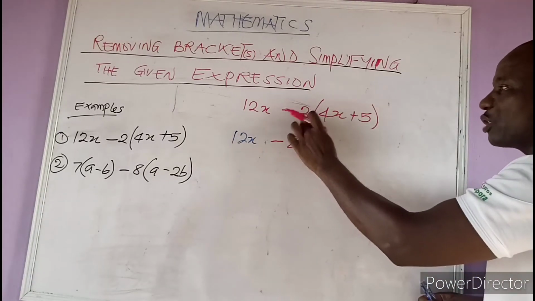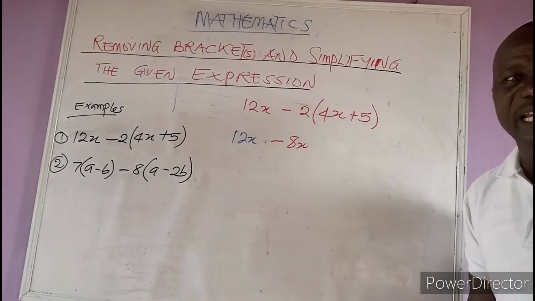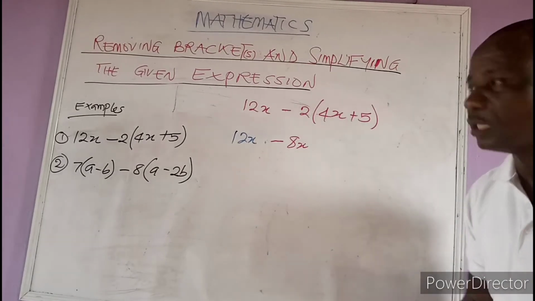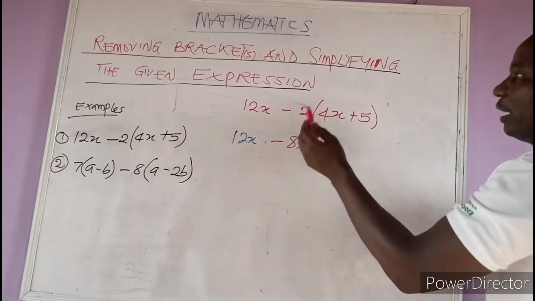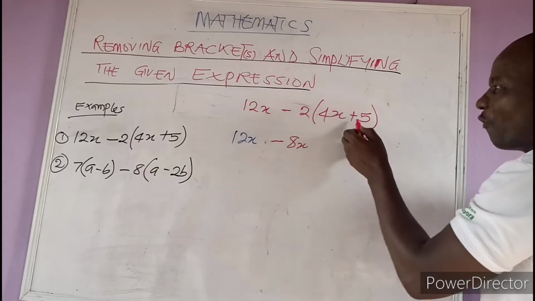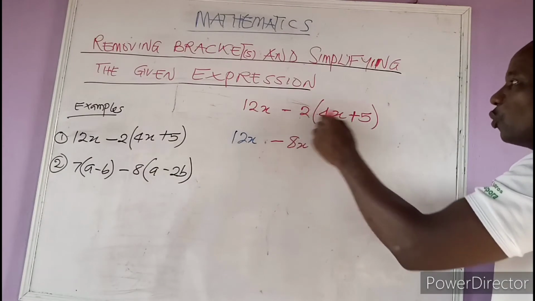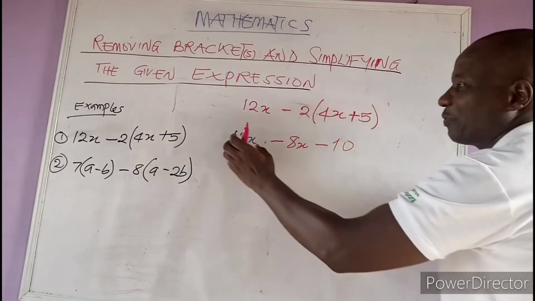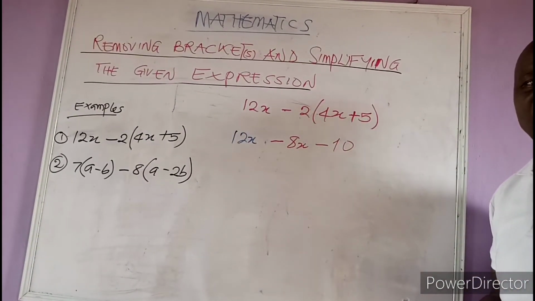If I just leave it like that and I just write 5, that is impartiality. You have to treat everybody equally. So, 2 times 4, 8x. Again, I go again. Minus, enemy of my friend is my enemy. 2 times 5, that is 10. Thereafter, this one can now come in because we have solved our own problem. We have succeeded in removing the bracket.